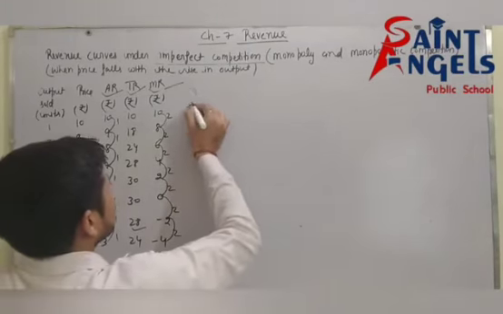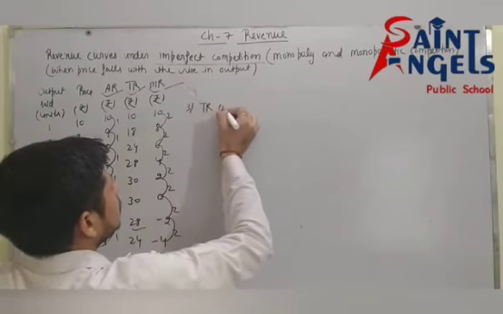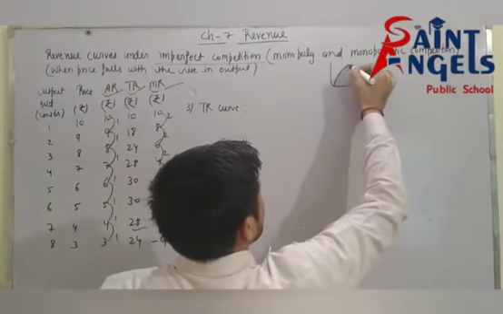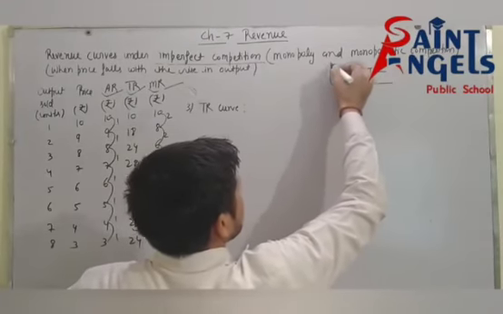See after this, the TR curve. You know what the shape of the TR curve under imperfect competition will be like.